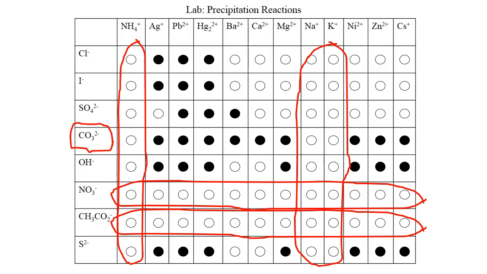That's a pretty clear message there. And we can say generally that silver, lead, and mercury 1 tend to form insoluble salts unless they're combined with one of the always soluble cations or always soluble anions. If the counter ion is always soluble, that's the only case where you might see a soluble one.